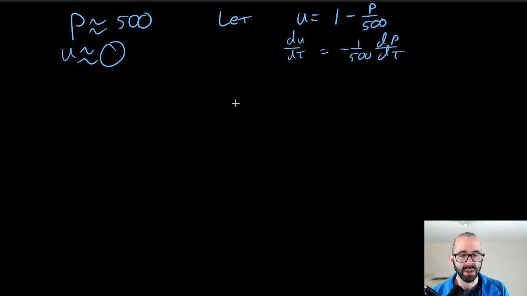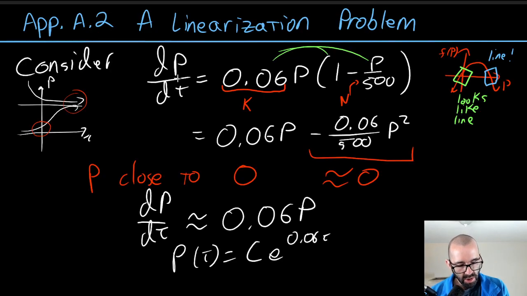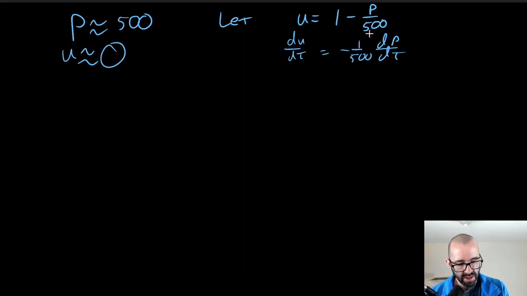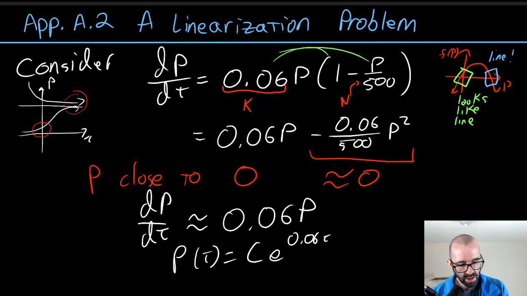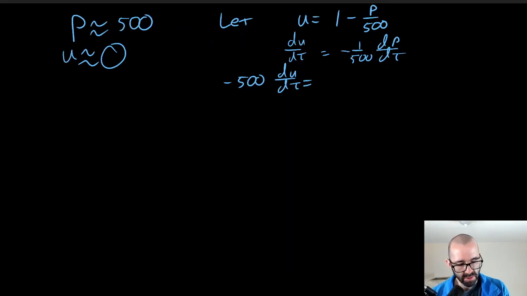And we can rewrite our original differential equation. So it was dp dt, which is negative 500 du dt, equals 0.06 times p. What is p?